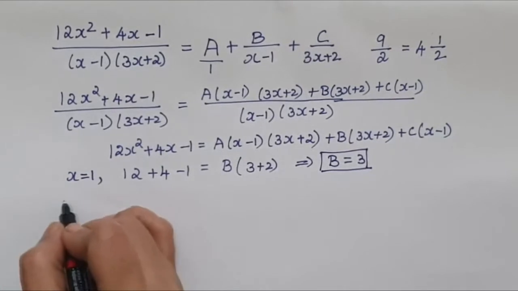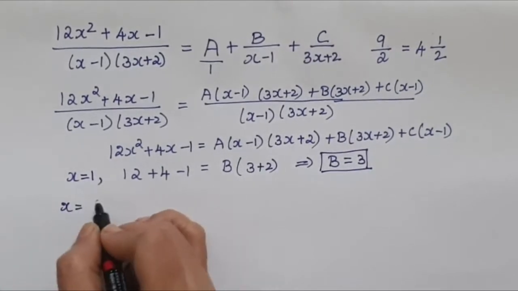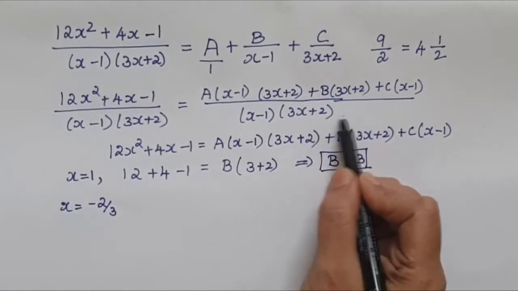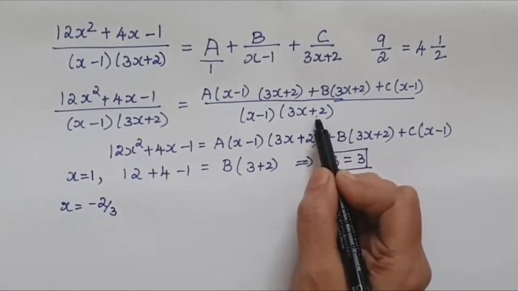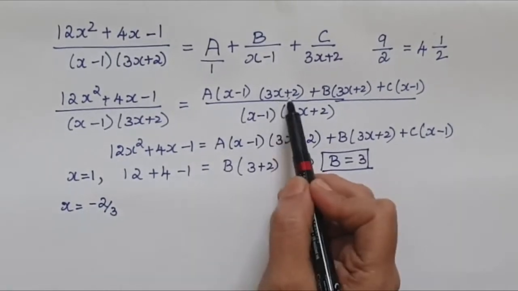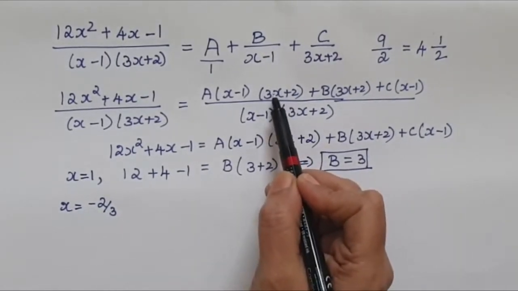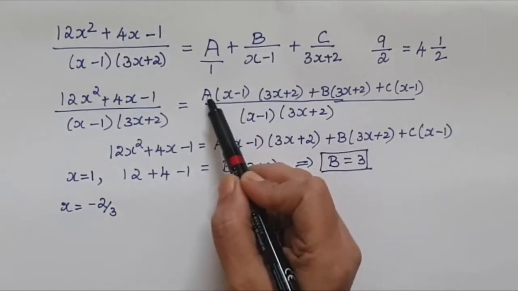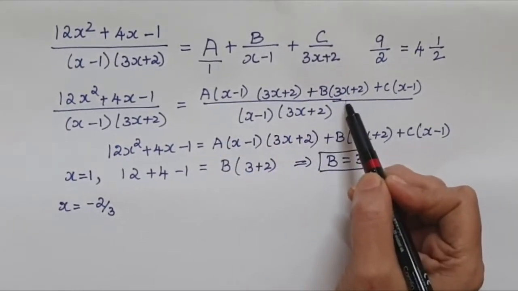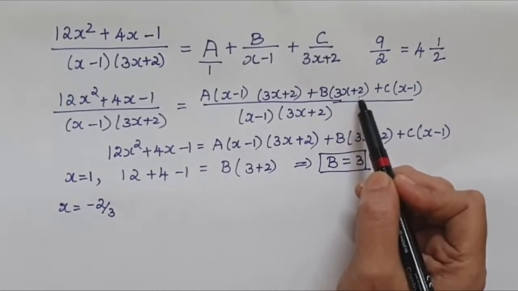Now the next thing, we'll substitute x equal to minus 2 over 3, that is 3x plus 2 equal to 0. So when I substitute minus 2 over 3, this term will become 0. When we multiply with a, this will also become 0. Here also, with minus 2 over 3, b will also become 0.